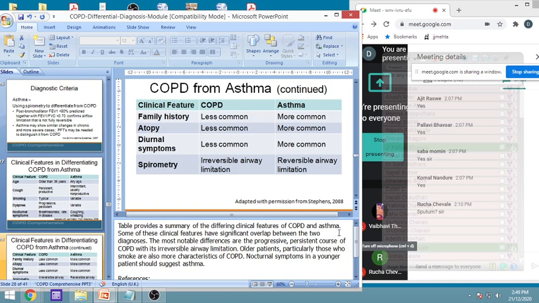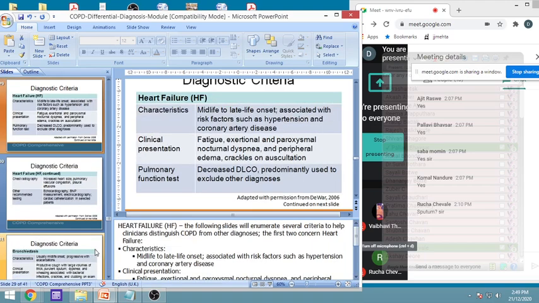Reversible means that when we give a bronchodilator it becomes reversible, which is possible in asthma and not in COPD. Next, if a patient has heart failure, some similar diagnostic features will be there, but we can differentiate.